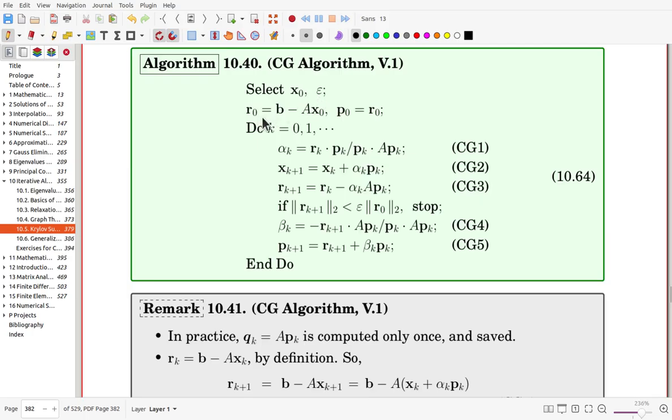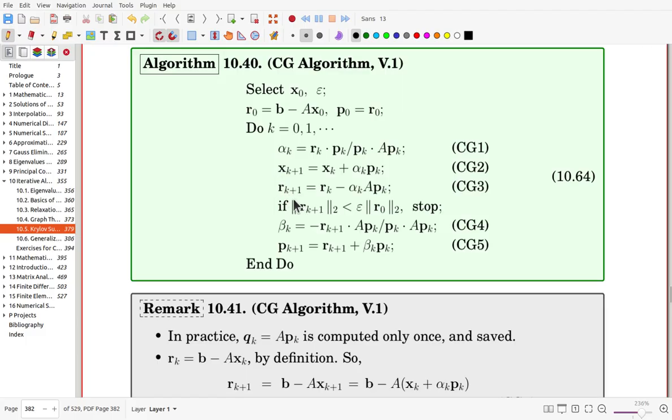Then in the beginning, an initial residual r0 is computed and initial search direction p0 is directly assigned from r0. And here alpha k, that is the optimal choice, and we already derived this one. Along with this alpha k, for the given search direction, we update.